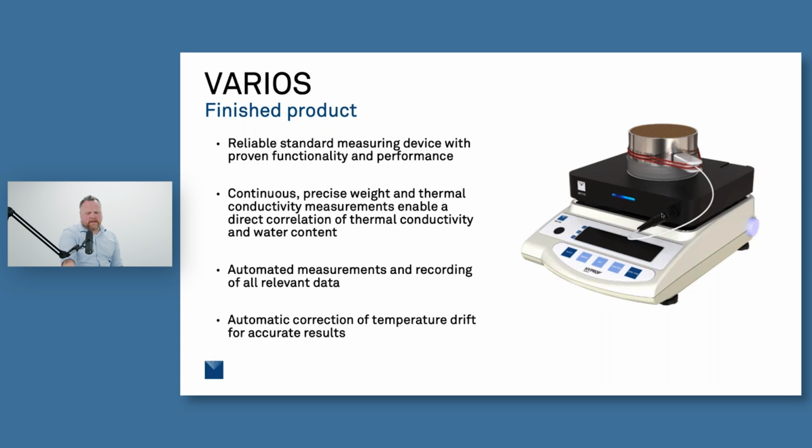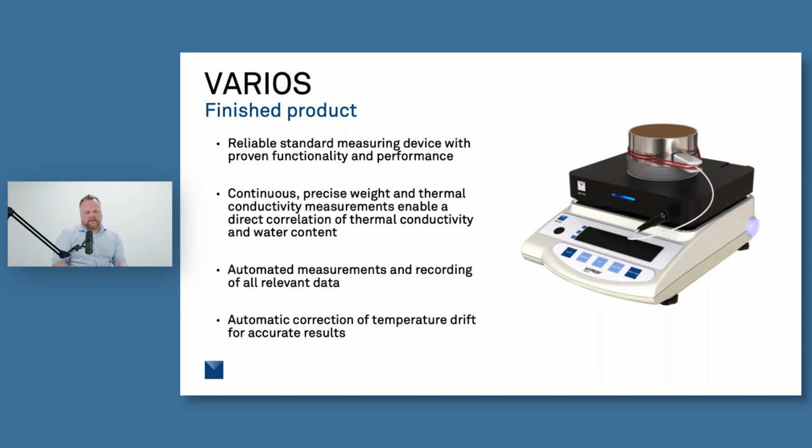This is a great improvement over a lot of the previous methods that we would use. This gives you a lot of data points through that whole process, whereas before what we'd have to do is take a sample, saturate it, take a reading with a thermal conductivity meter, and then we might put it in the oven for a little bit of time to dry it out partially.